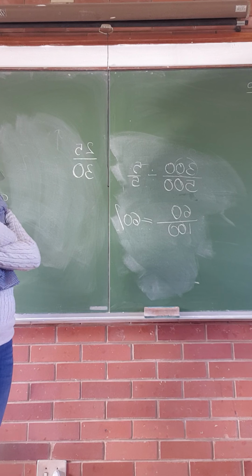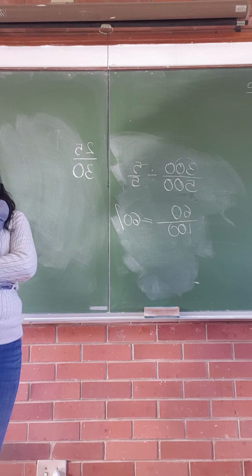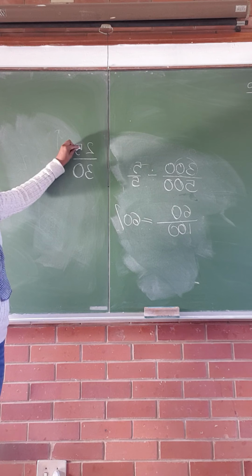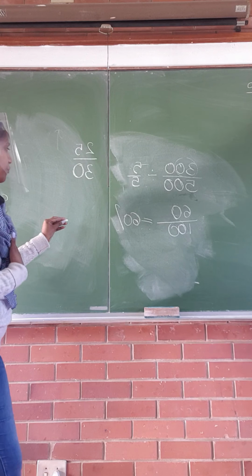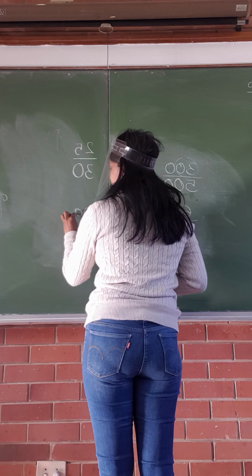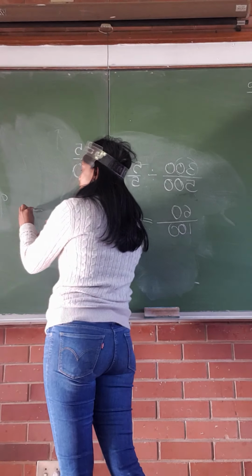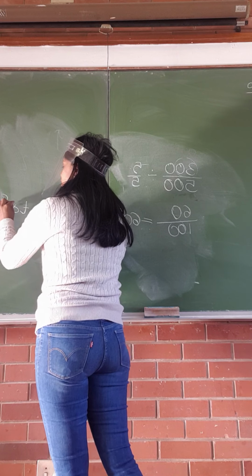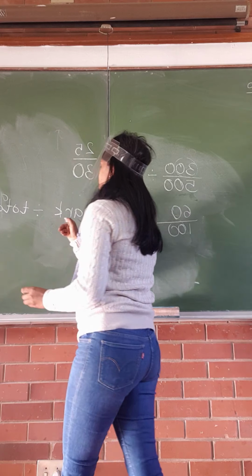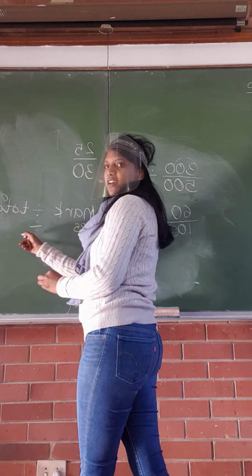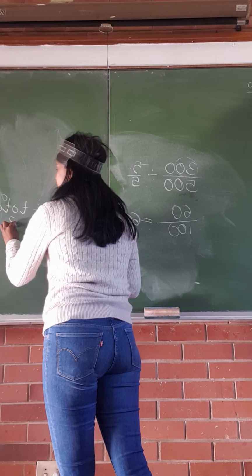What do I do? Essentially, what I want is a total out of 100. So what I'm going to do is take the mark that I got. Let's write a formula here: the mark that we got divided by the total. So it will be 25 divided by 30.